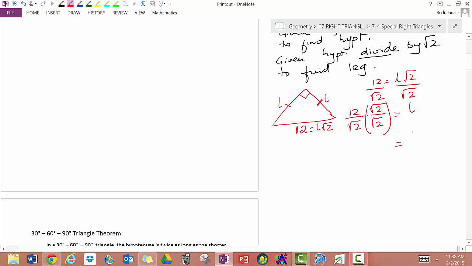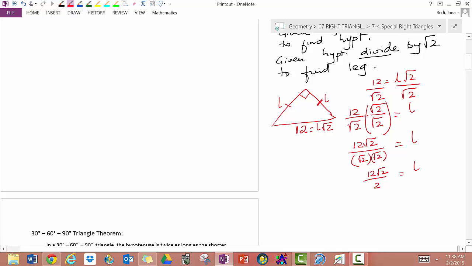So you get L equals 12 root 2 over root 2 times root 2. If you don't believe me, root 2 times root 2 is root 4, and root 4 is 2. So L is 12 root 2 over 2.